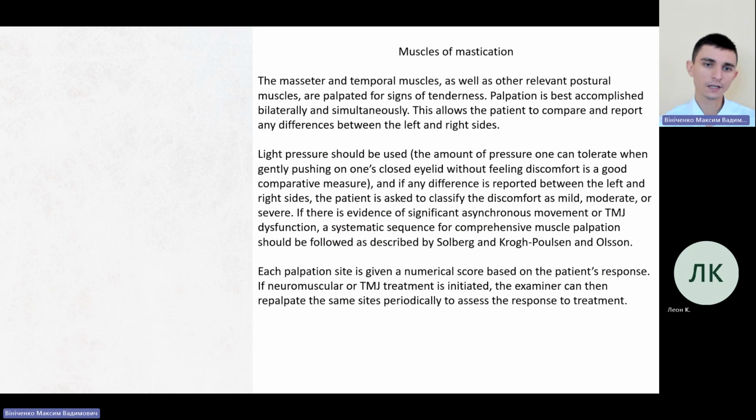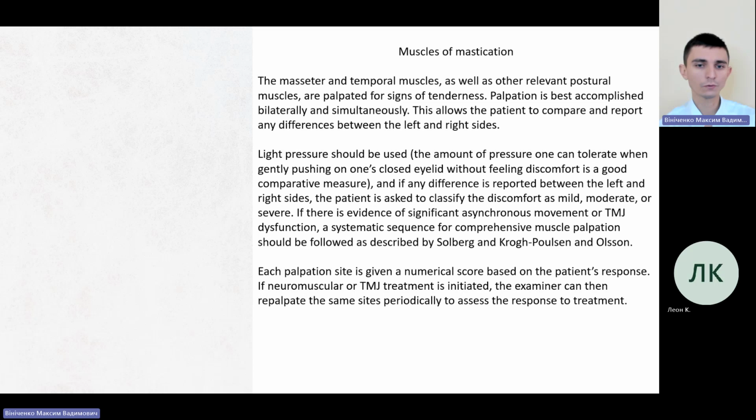Muscles of mastication. The masseter and temporal muscles, as well as other relevant postural muscles, are palpated for signs of tenderness. Palpation is best accomplished bilaterally and simultaneously. This allows the patient to compare and report any differences between the left and right sides. Light pressure should be used.